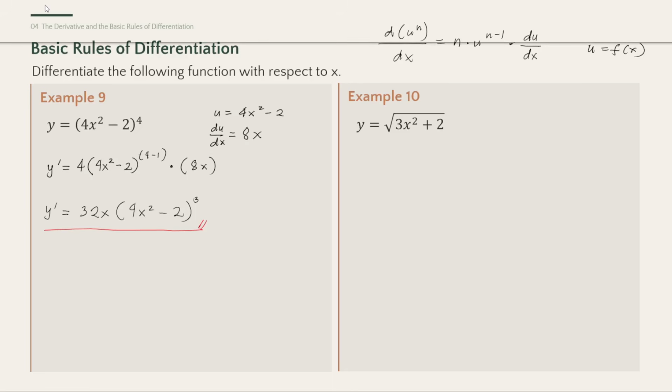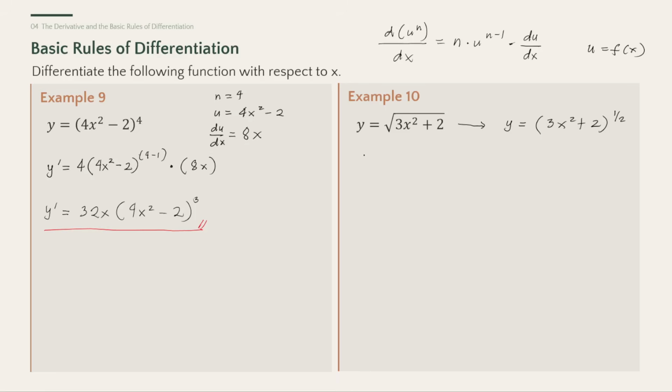Okay. Then lastly, what if we have a radical again? Similarly, you can just rewrite this as y is equal to 3x squared plus 2 raised to 1 half. Now here, I forgot to write n.